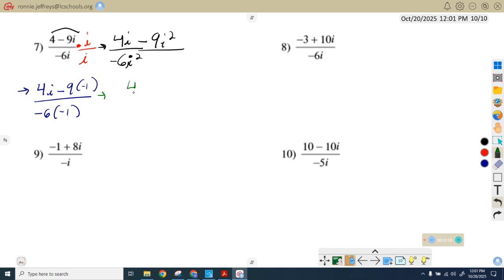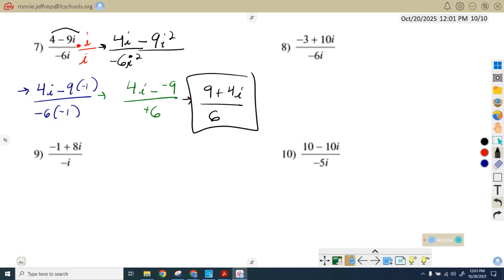All right, so this is 4i, this minus -9, -6. Oh, +6. So now this becomes minus is positive. This is our final answer.